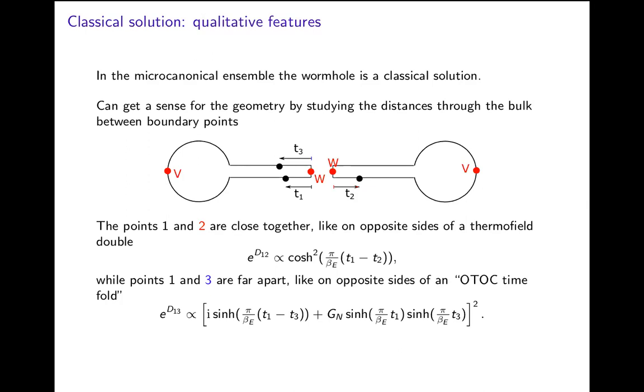And Douglas, how do we understand this relative factor of G Newton? It's because this piece here is a back reaction effect associated to the insertion of this W operator. If this operator was not inserted, then points 1 and 3 would be close together. You just go forwards in time and backwards in time, and you end up in the same place you started.